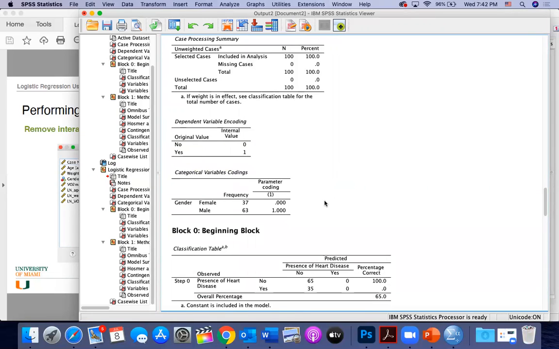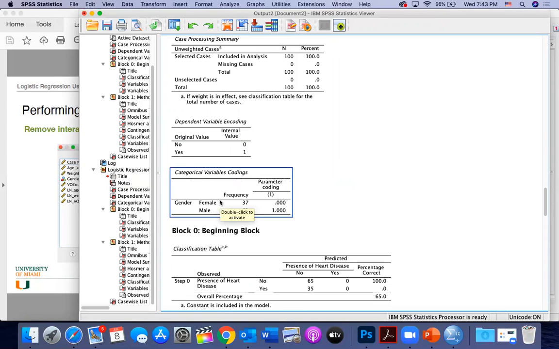And also, if you remember, we specified gender to be a categorical covariate. SPSS does not give each level a code automatically, so you should do this step in order to get this table.